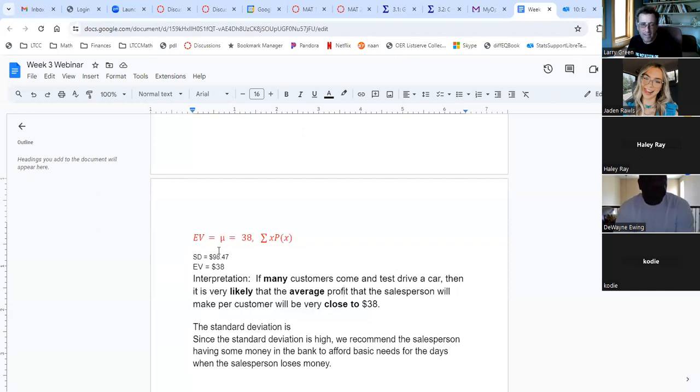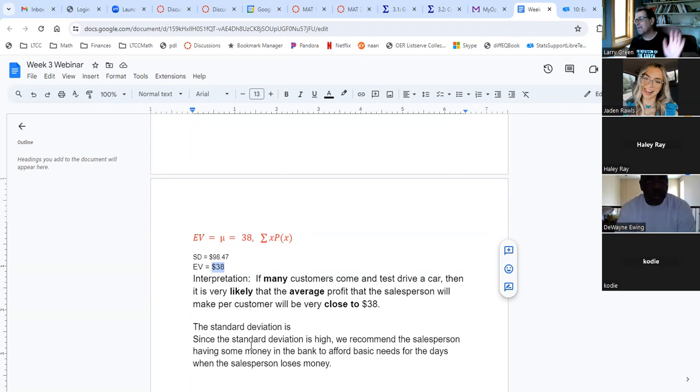In this case, $98 is a lot. Given the expected value is 38, $98 is a big variation from the expected value. So the standard deviation is high. That does not mean it's a bad job. What it means is that you're not usually going to be anywhere close to the $38 per customer for any particular customer.